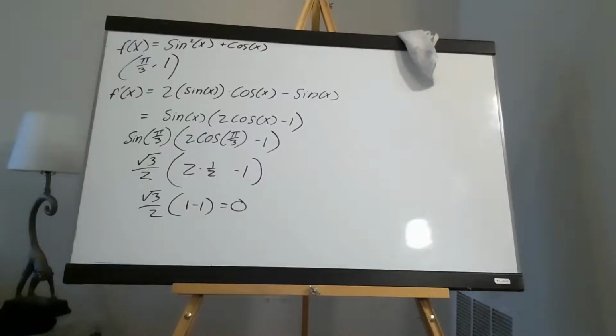Minus sine of x, yep, equals sine of x times 2 cosine of x minus 1. Sine pi over 3 times 2 cosine pi over 3 minus 1. Cosine of pi over 3 is 1/2. And then that's going to be root 3 over 2.